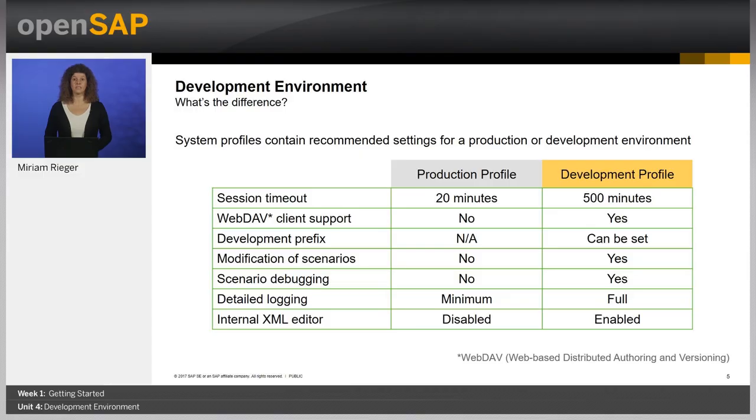To add a prefix is recommended. If you don't add a prefix, the system uses a set instead of the prefix. Before you create a scenario package and steps, you should decide on the prefix and a naming convention for your scenarios. Scenarios from SAP can be identified by the prefix SAP.